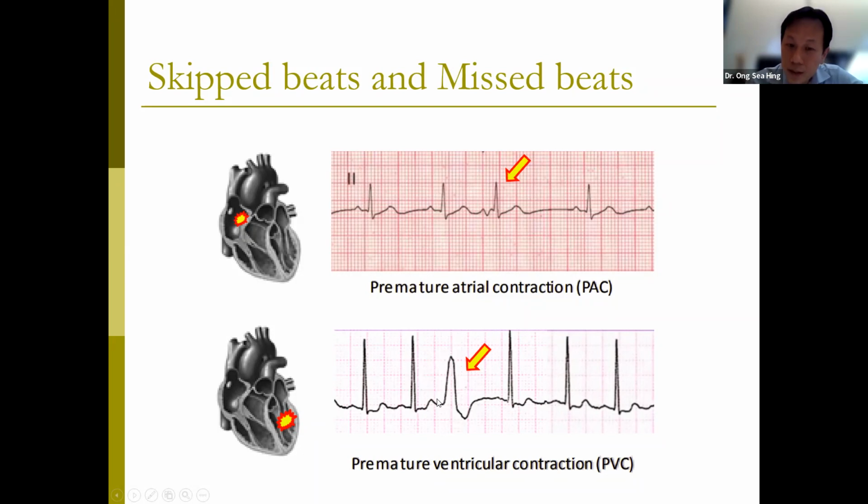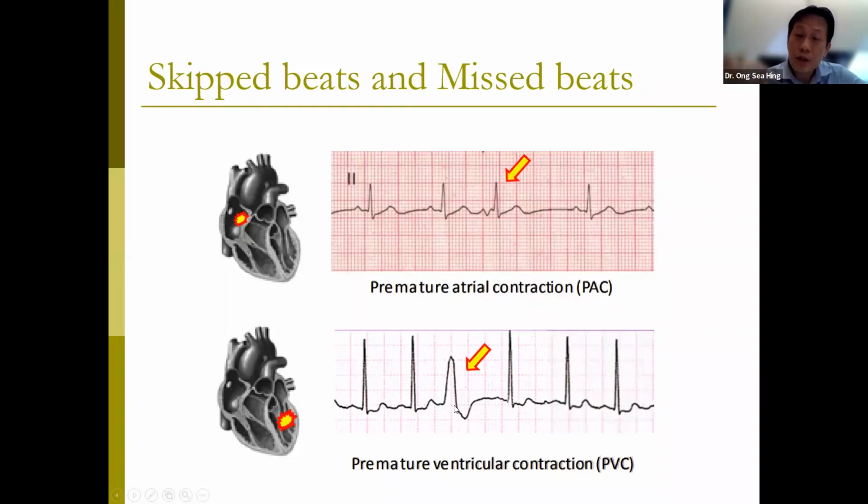Occasionally, you can still have electricity that starts from the atrium, a premature atrial contraction, but as it conducts down the His bundle, you get a bundle branch block, and therefore you can still get a broad QRS complex like this. But usually when you see a broad QRS complex, it is a premature ventricular contraction.